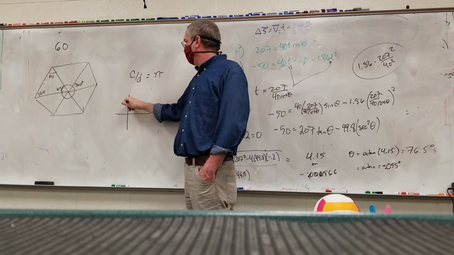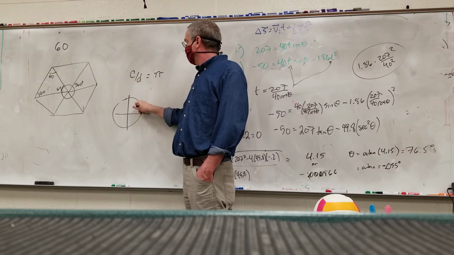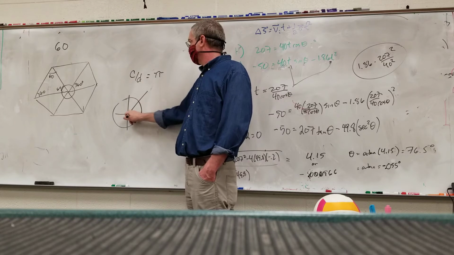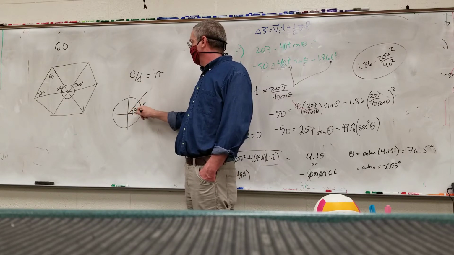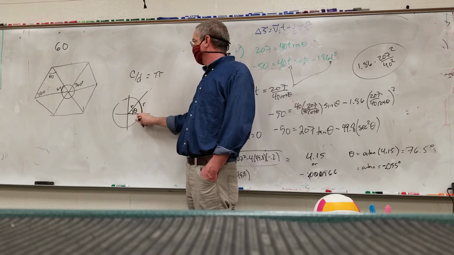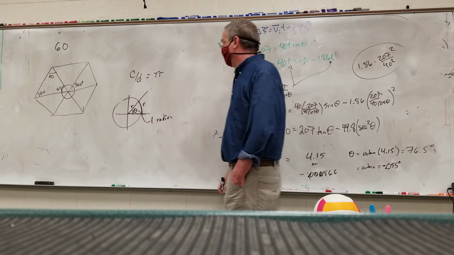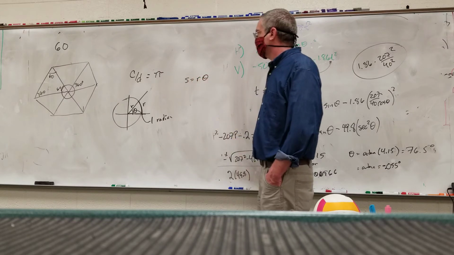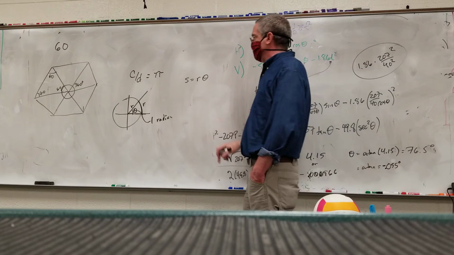So they came up with this idea that if I wrap it around, and I know this is review for most of you, if that's the radius and you wrap it around, that's a radius. So if my arc length is equal to the radius, this is equal to 1 radian. Generically, we have S is equal to R theta: arc length is equal to the radius times the angle, assuming it's in radians.